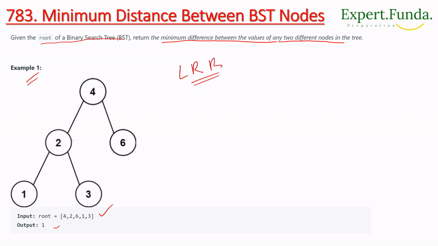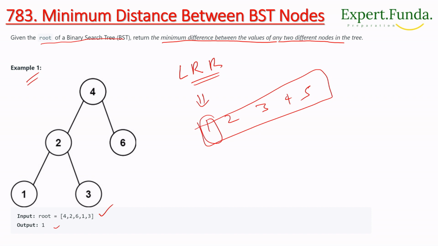After sorting, it will come out as 1 2 3 4 5. The minimum is 1, and that's why we are getting 1 as the output.